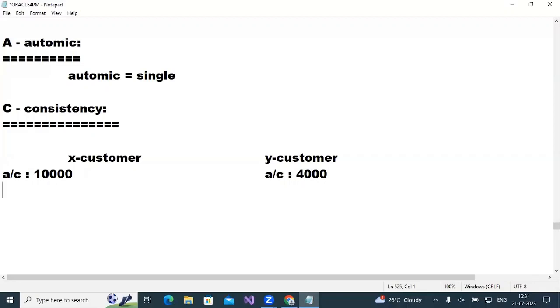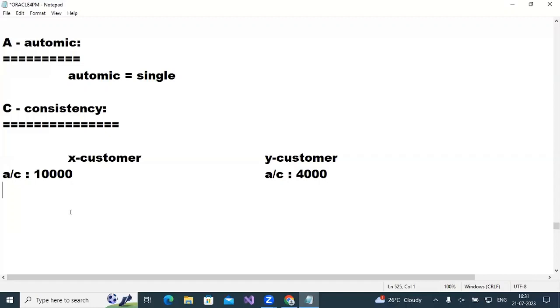These are the customers' bank balances before the transaction. Now what happens: customer X wants to transfer some amount to his friend Y. So he transfers it. Who transfers the money? X. The person who transferred money from his account, is it creditor or debitor?